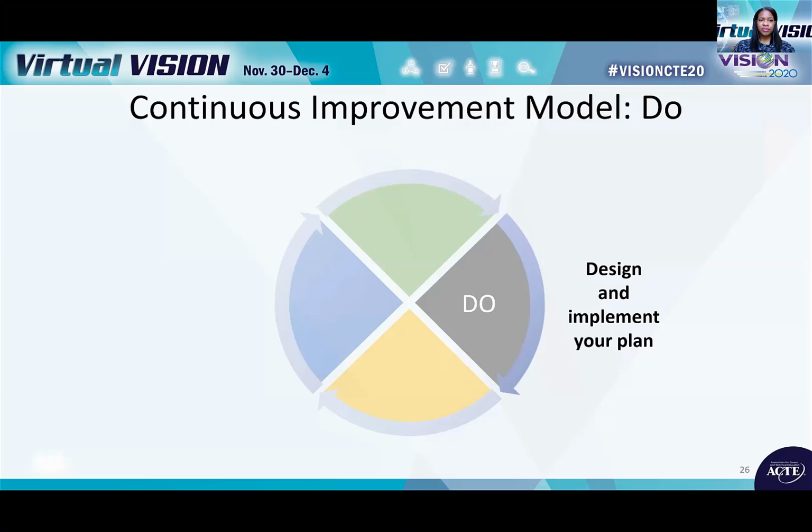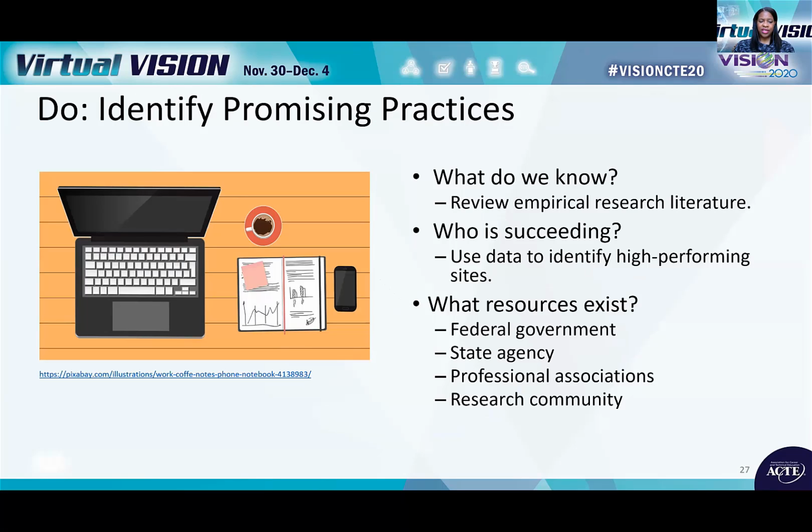So at the do step, once you've identified the problem that you are planning to solve, you can start formulating an action plan. Collecting data and reviewing information is important to this part as well.